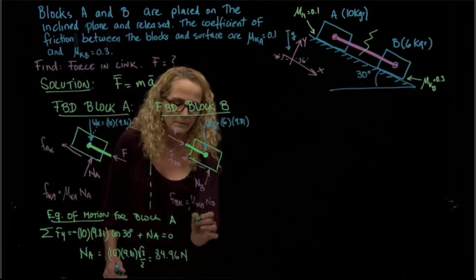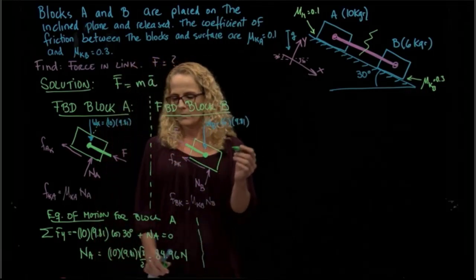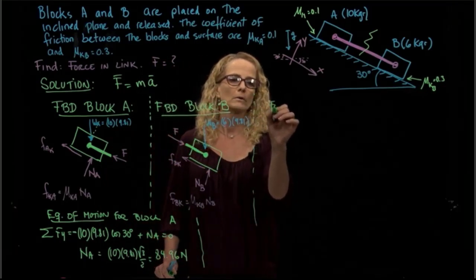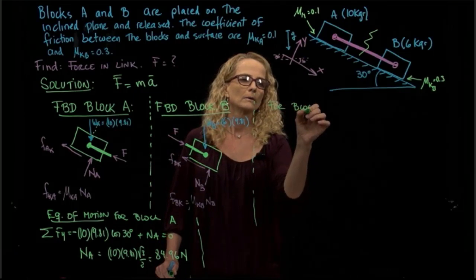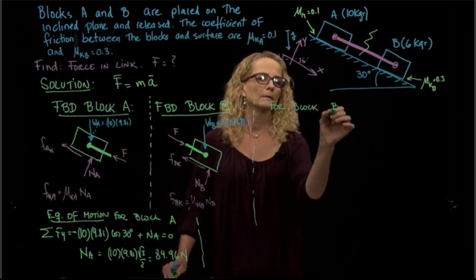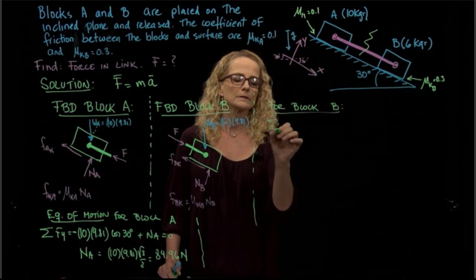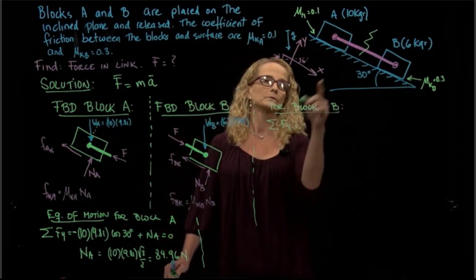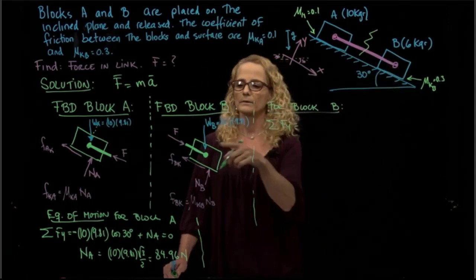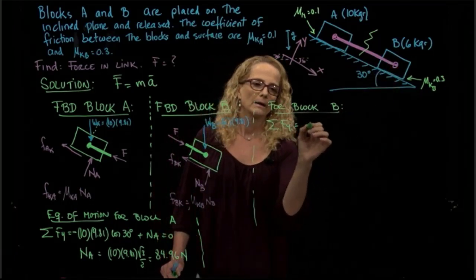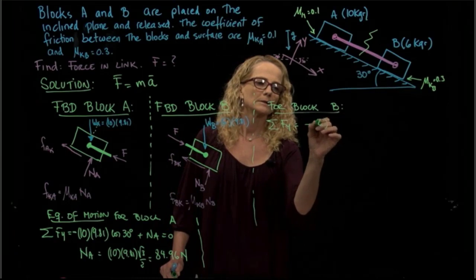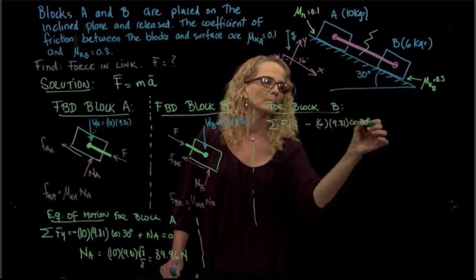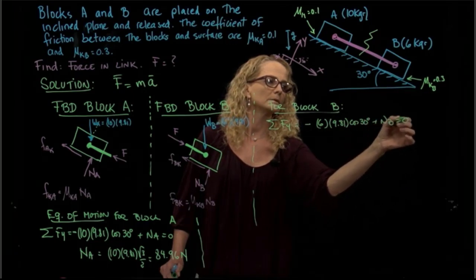I will do the same for block B. For block B, forces in y direction is equal to 0 too, because I don't have any motion in the y direction, and I have a negative 6.981 cosine of 30 plus NB is equal to 0.